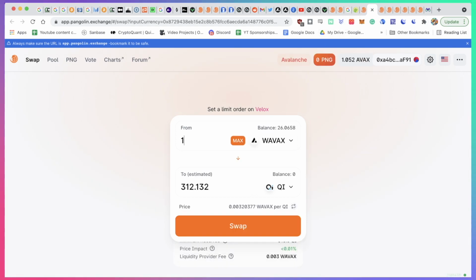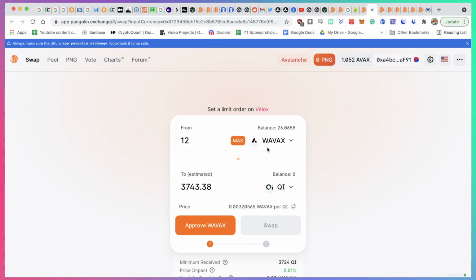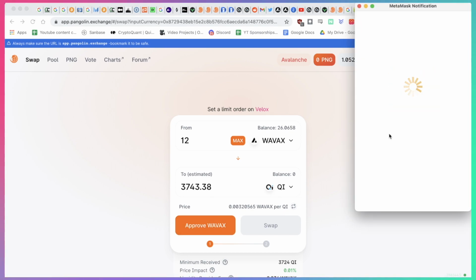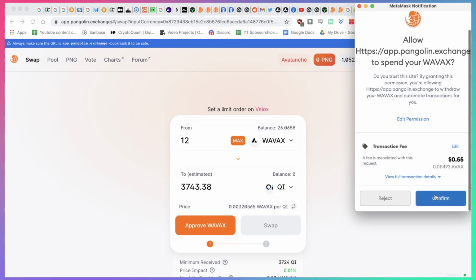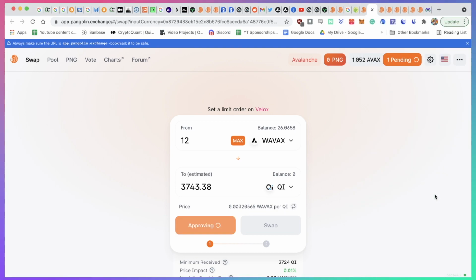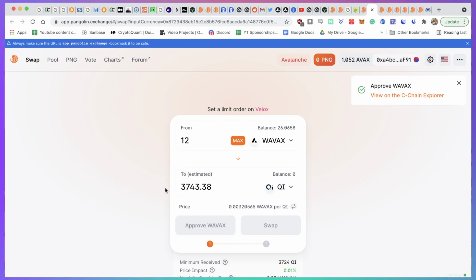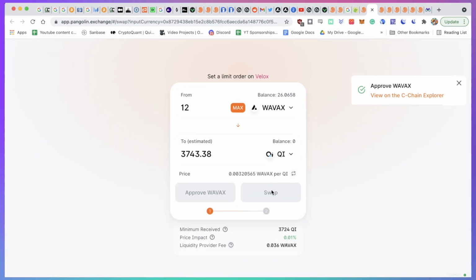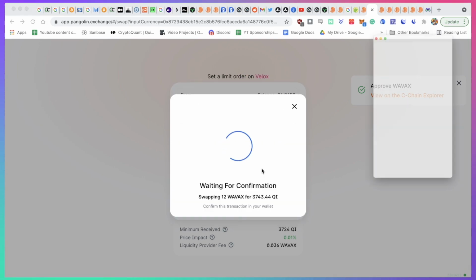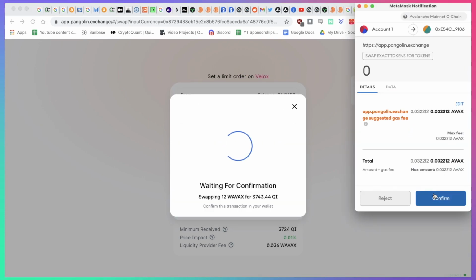I'm going to buy 12 wrapped Avax worth of Qi. I'm going to have to approve this wrapped Avax. And then just click on swap, confirm swap, confirm.